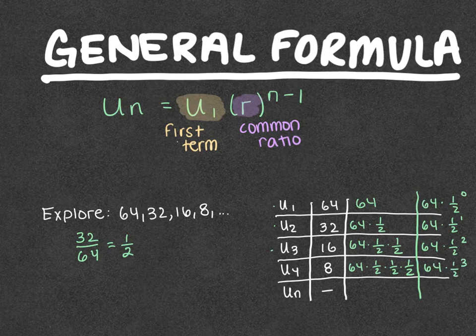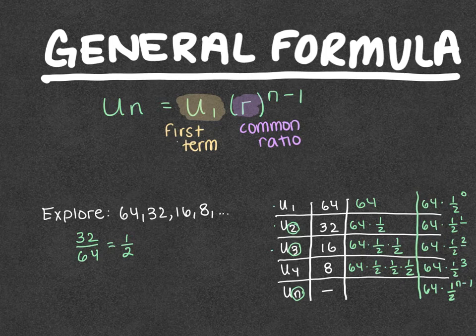So again, like the arithmetic sequences, it worked the same way. Whatever my term is, the exponent becomes 1 less than that. For the second term, my exponent was 1. For the third term, my exponent was 2. So for my nth term, I would have 64 times 1/2 to the n minus 1.